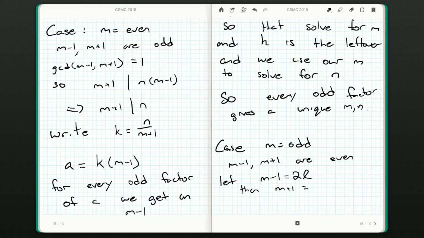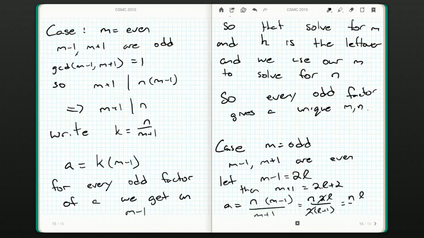Then m plus 1 is equal to 2L plus 2. Fine there. And then A is going to be n over m minus 1, or n times m minus 1 all over m plus 1, which is n times 2L over 2L plus 2. Those twos go away, and now we've got n, L, and L plus 1. And L plus 1 has to completely be a factor of n, because L and L plus 1 have a GCD of 1.